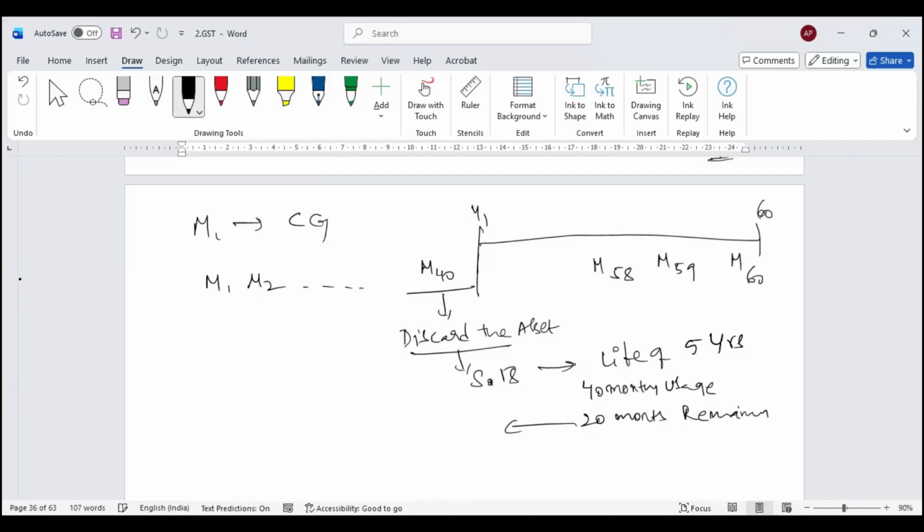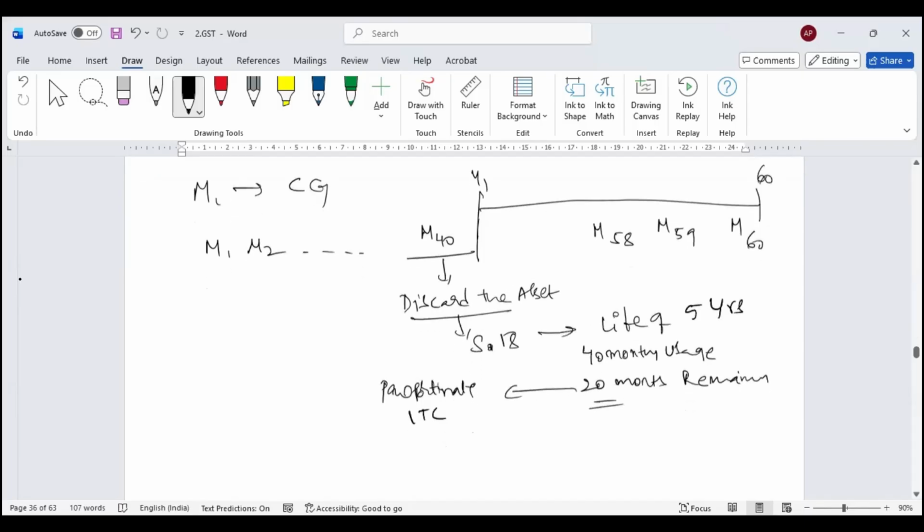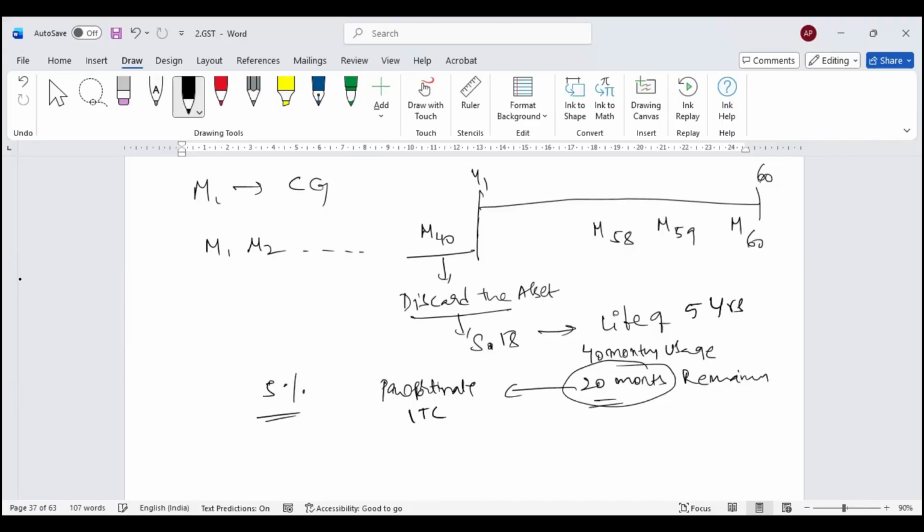So identify the proportionate ITC pertaining to these 20 months. How do I identify? You remember that 5% per quarter, for 3 months. Now 20 divided by 3, I'll get an odd number. So I have to identify the number of quarters where that 5% comes into the picture. Law is asking me to find out this 5% proportionate credit pertaining to these 20 months.